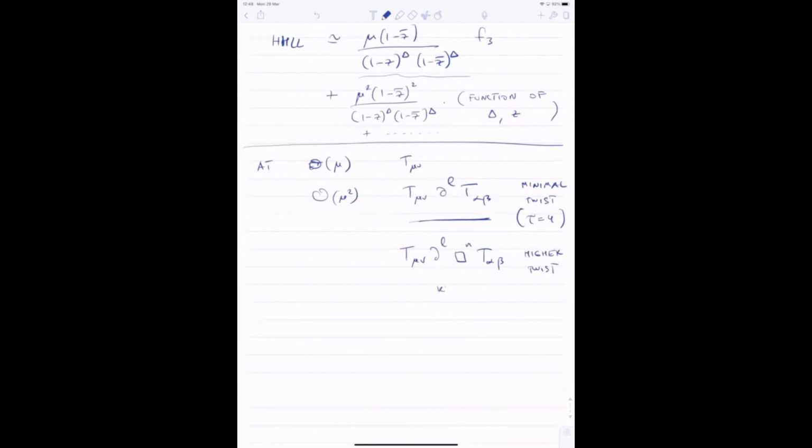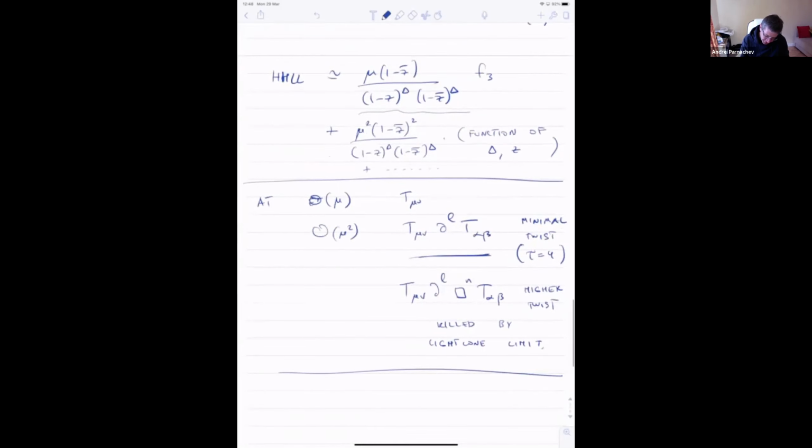You could also have operators where the indices of the stress tensor contract with each other. Correct, so these are also high twists, and all of them we kill by taking the light cone limit. So that's what this operation does for you.